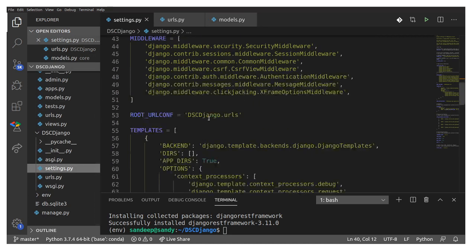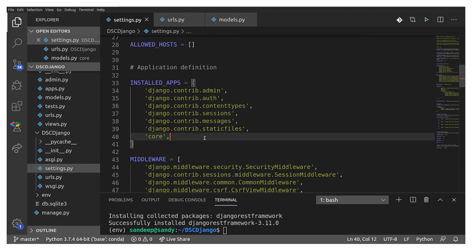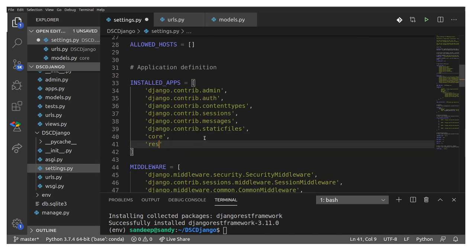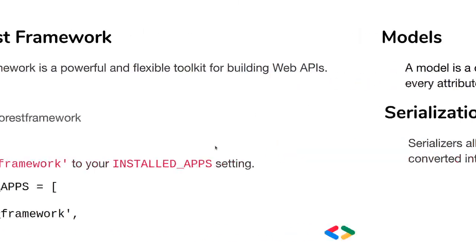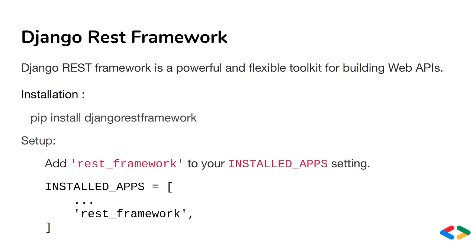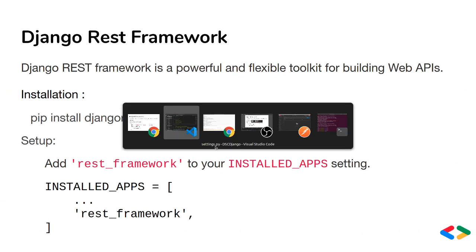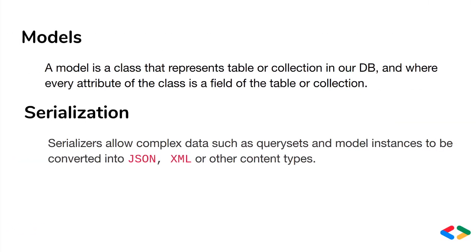Here you go, and just add rest_framework, and now let's go back to slides, and that's it. You configured Django REST framework perfectly, and let's go and complete the theory part, then we can do the hands-on part.